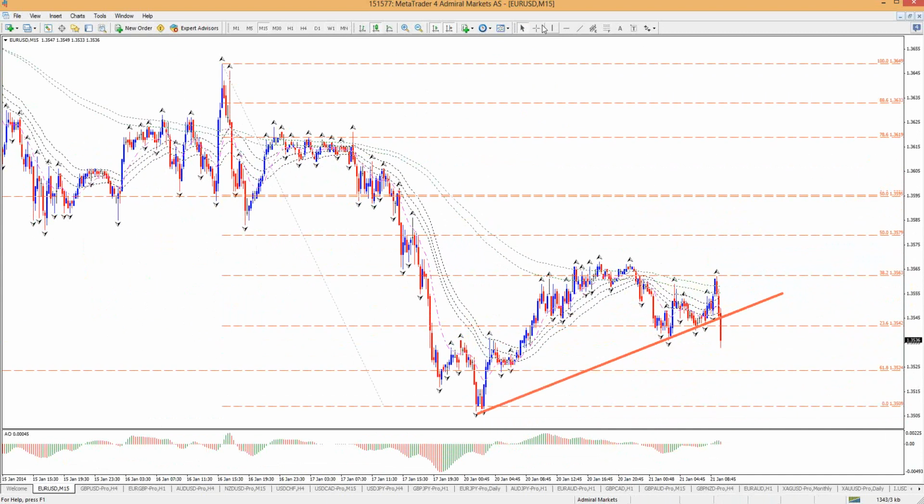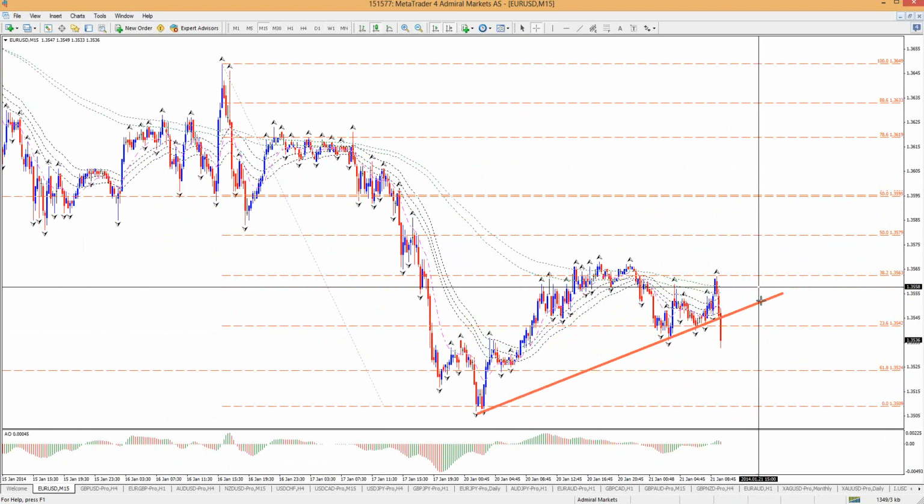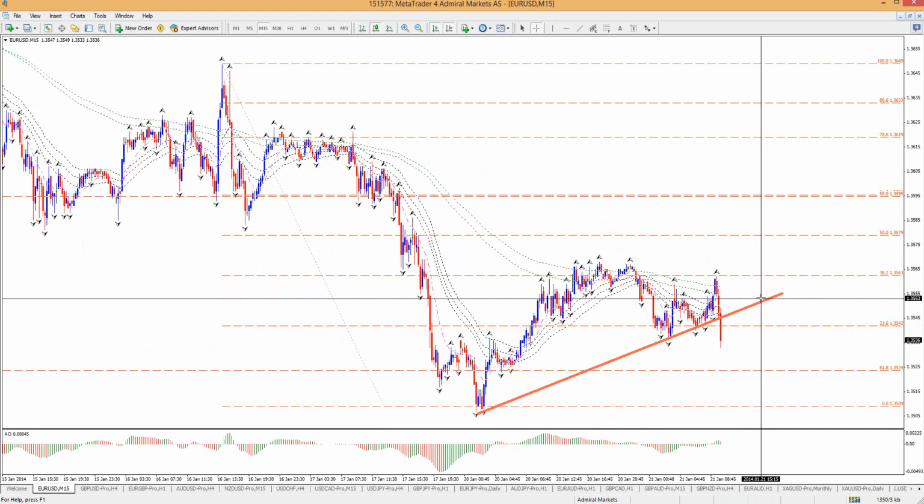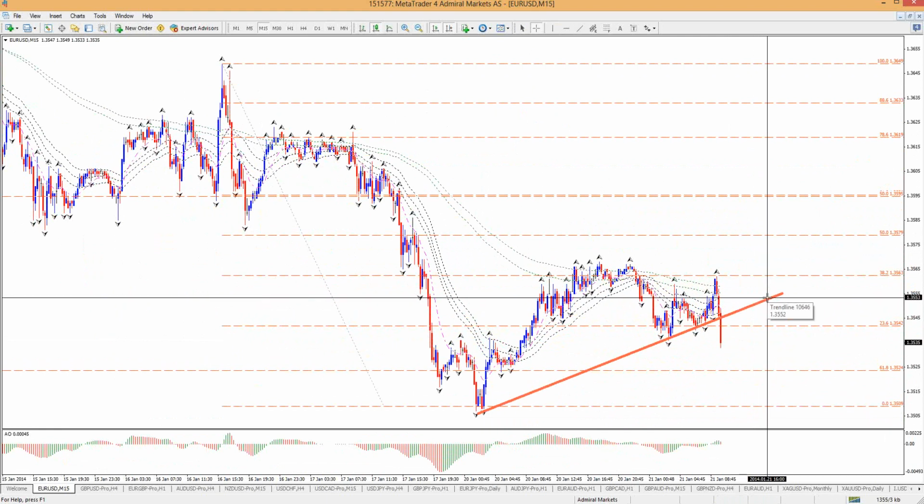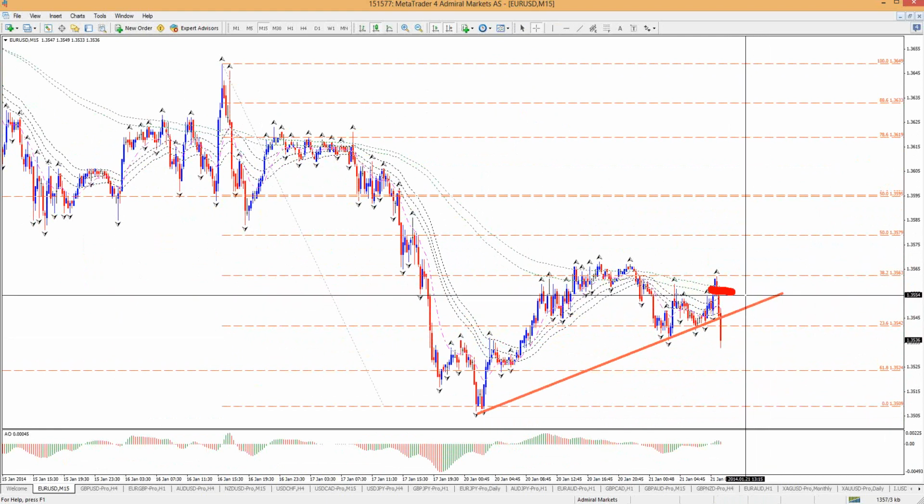So I'm going to give it a go and put entry at 135.39 with the stop loss at, I'll try 55 right here above the trend line.